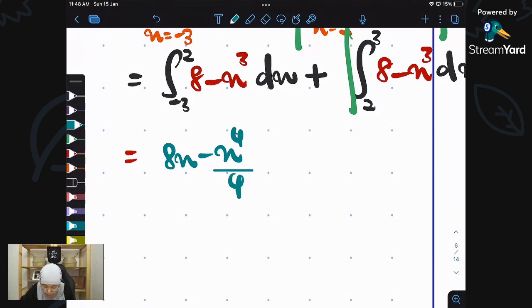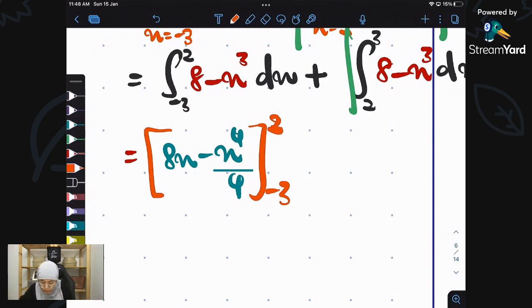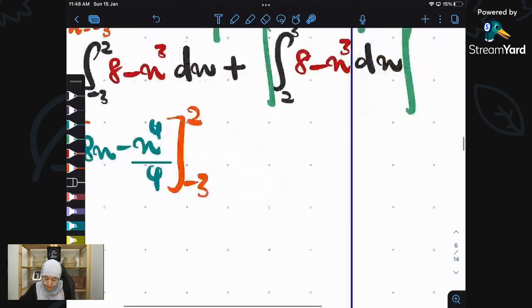Tetapi you tak perlu lagi letak plus C. You already pro in it sebab you dah tengok video saya yang sebelum ni di mana tak perlu lagi letak plus C, terus sahaja letak negative 3 until 2. As long as you make sure that this is x and this is the correct value of x. Ini mesti x ya. Itu yang kita kena make sure dulu sebelum kita buat definite integral.